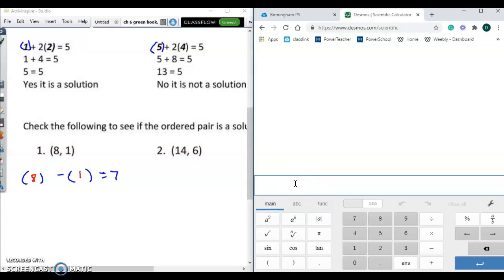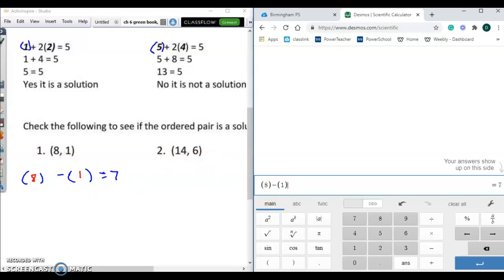We can obviously see that x take away 1 equals 7, so that would be an ordered pair. But what I'm going to do is go ahead in the Desmos calculator and type this in as I see it. So x minus 1, and note that I'm putting them into parentheses.